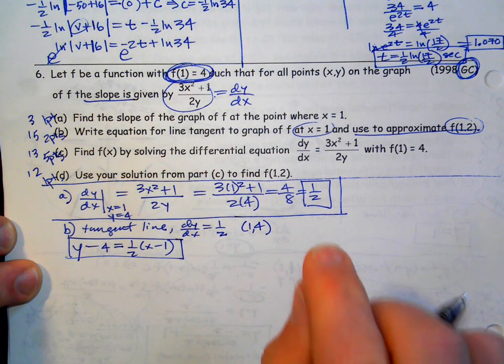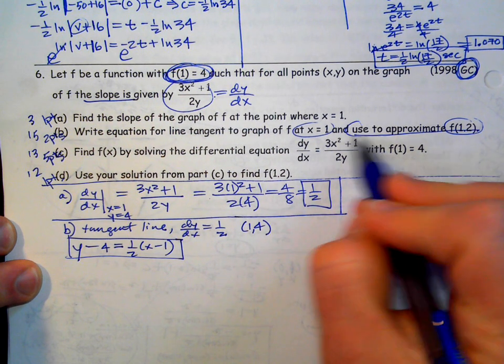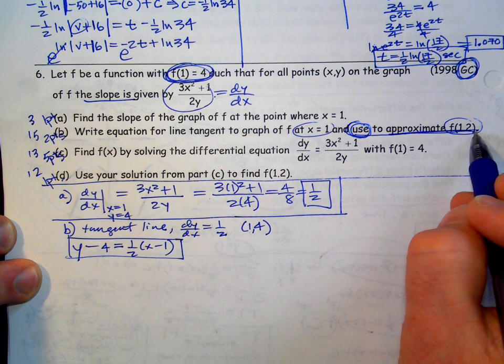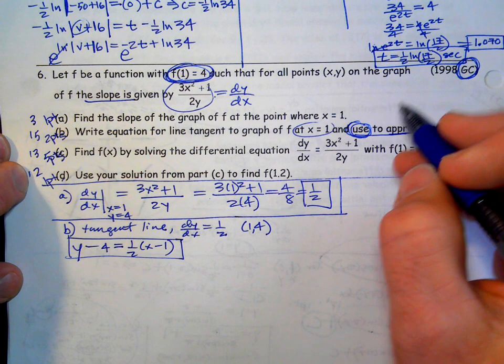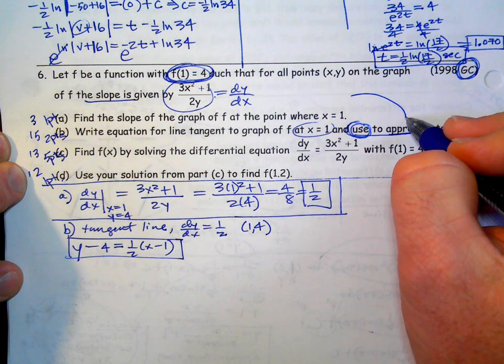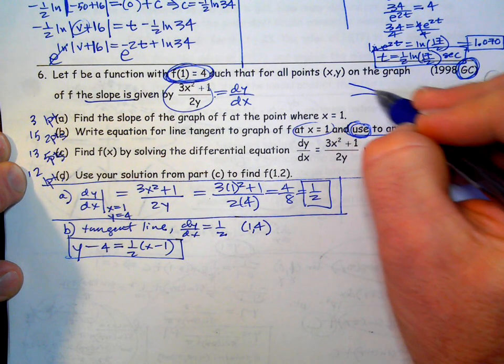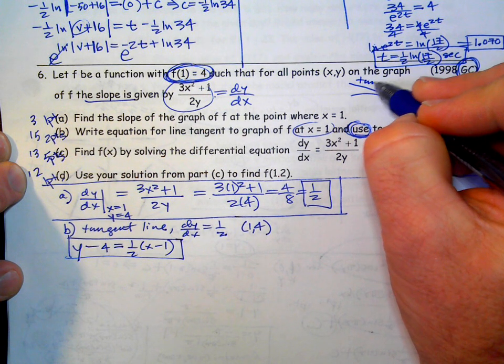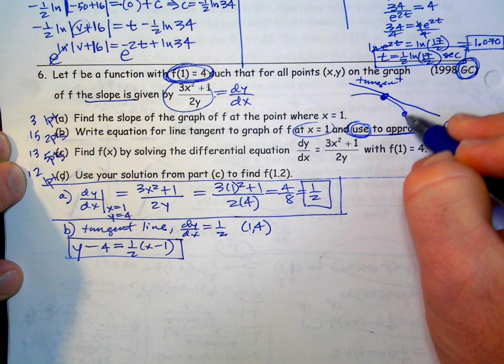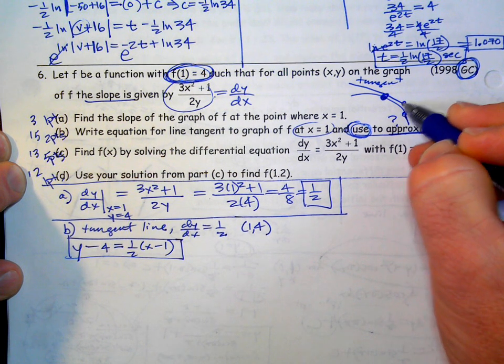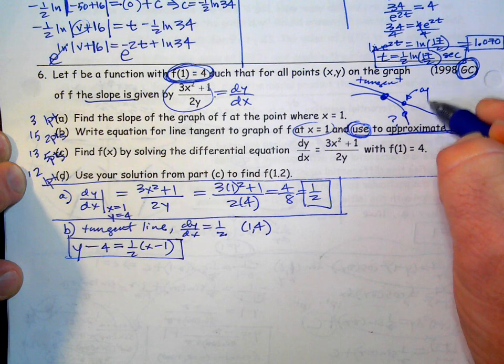The one thing, though, is on this problem, we're going to use it to approximate this. So this is called a linear approximation. I think we've talked about this before. This is where if you have a curve and you know a point and you know the tangent line at that point, you can say, well, what's this value right here? And you're like, well, let's use the tangent line as an approximation for it.